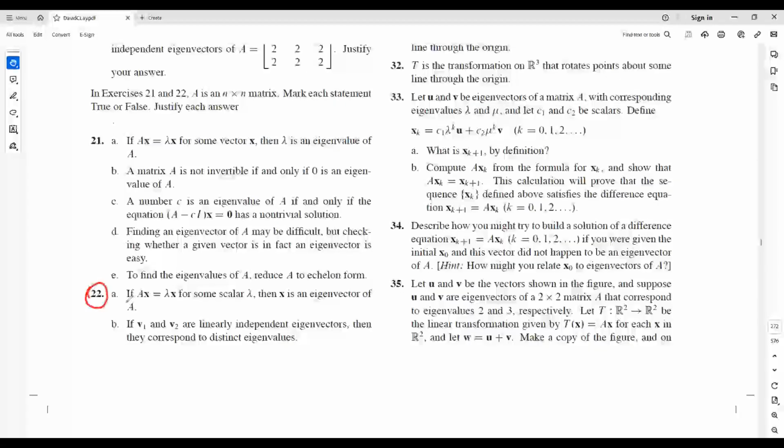Problem 22. A. If Ax equals lambda x for some scalar lambda, then x is an eigenvector of A. False.